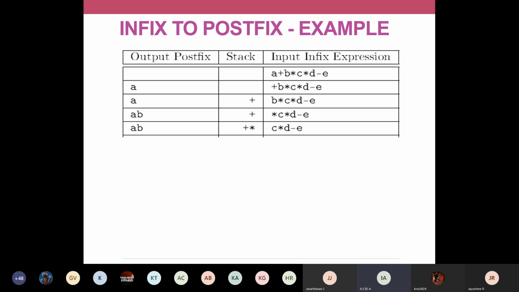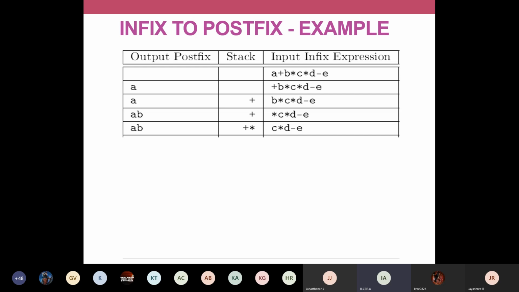I've given the statement in your chat box, you write that in your notebook. If the precedence of stack top is greater than the precedence of input token, you are going to write that into your postfix notation.